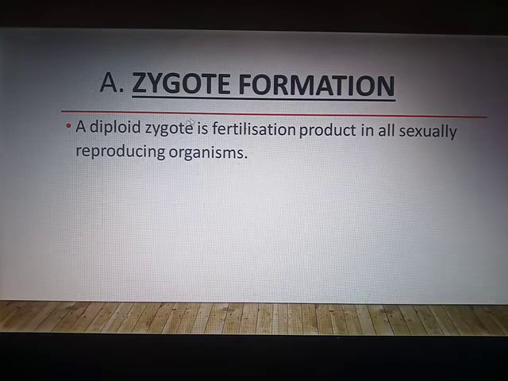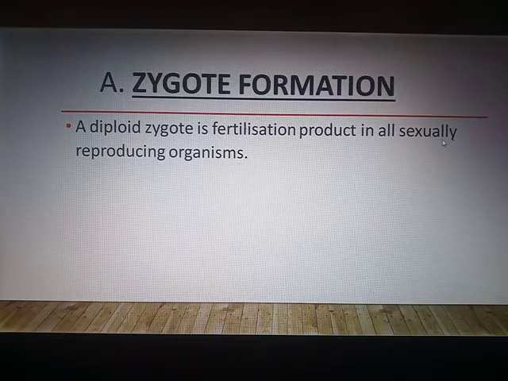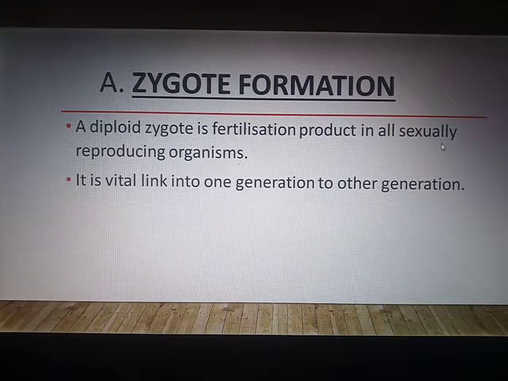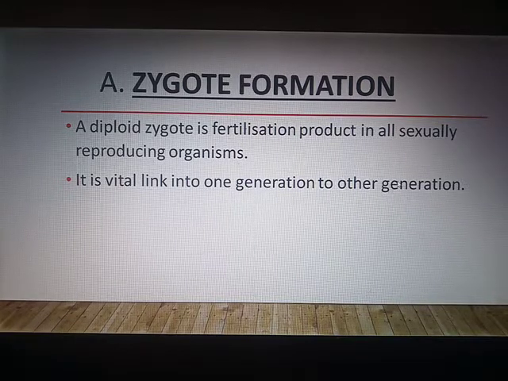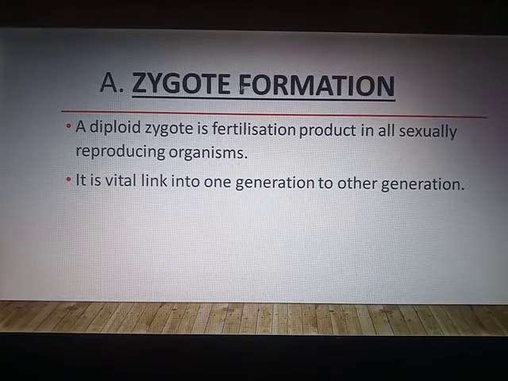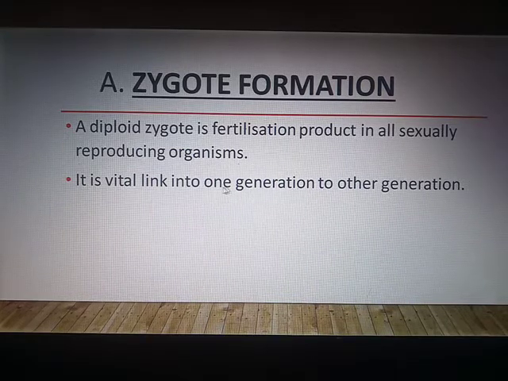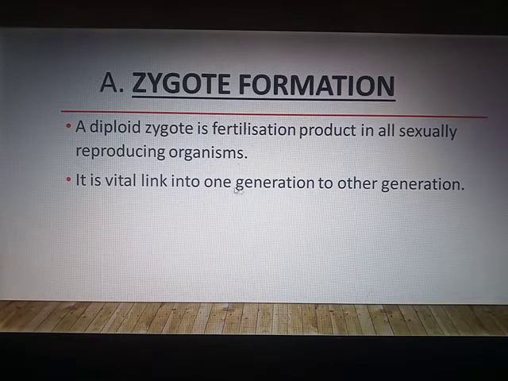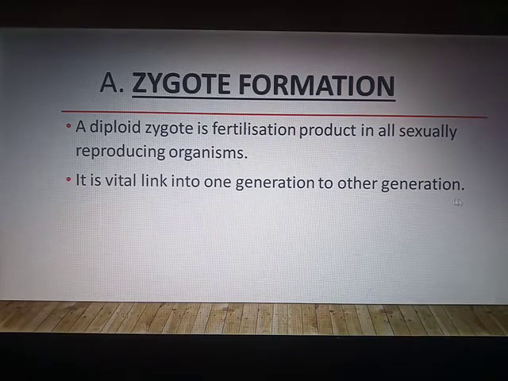So the zygote is the fertilization product in all sexually reproducing organisms. Clear? Students, the zygote is a vital link from one generation to the other. Yes, the zygote is a link because in the early stage it is in the first generation, but when it develops into a young one, it comes into the next generation. Clear?